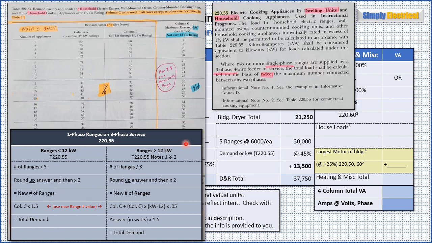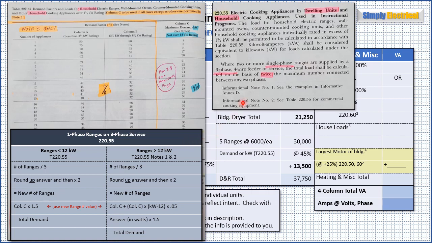So likely you'll run into this quite often on multifamily. Maybe not the smaller stuff like duplexes, triplexes, stuff like that, but once you get into larger ones, apartments and some condos and things like that, you'll be running into three-phase services.